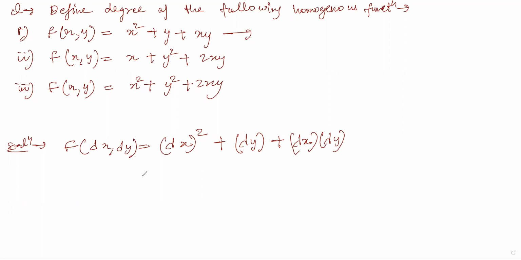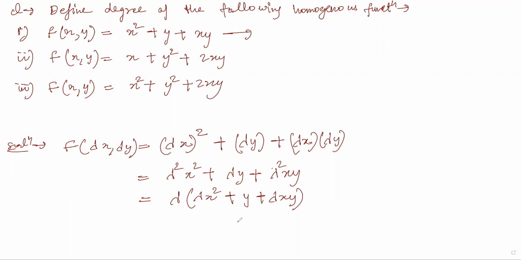So this becomes lambda square x square plus lambda y plus lambda square xy. If I want to take lambda common, I can only take lambda, not lambda square. So I am left with lambda times of x square plus y plus lambda of xy. Now see, I can't take all of the lambda common. And why is this happening?